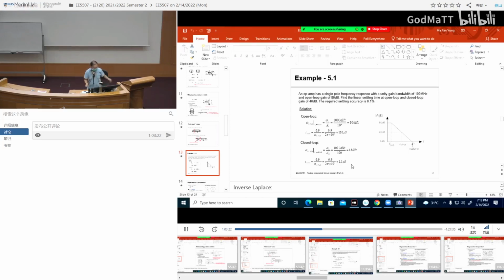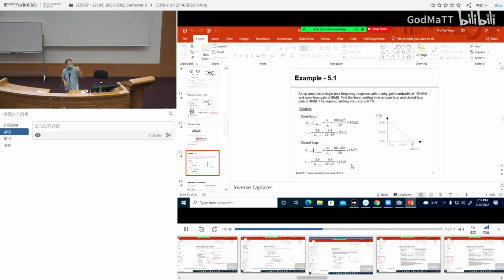Firstly, the settling time, whether it's linear or exponential settling, depends on the pole bandwidth, the pole frequency of the amplifier system. Because once you know the pole frequency, you know the settling time constant.